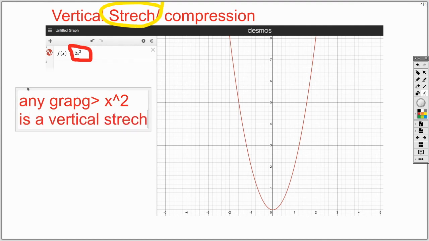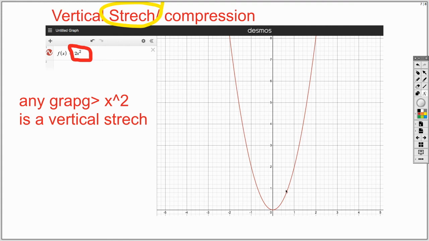We can also determine vertical stretches by how they become narrower, but they go taller and taller in height.